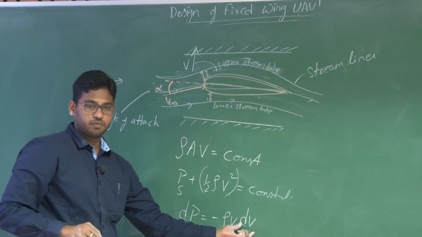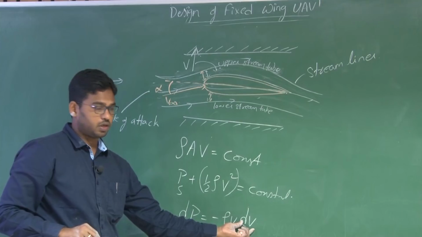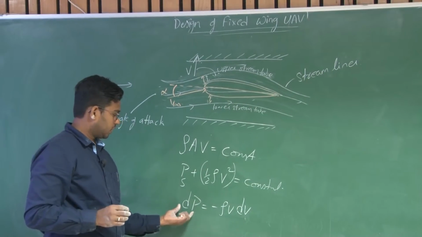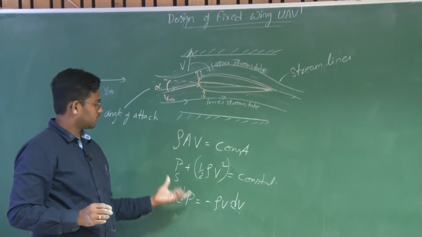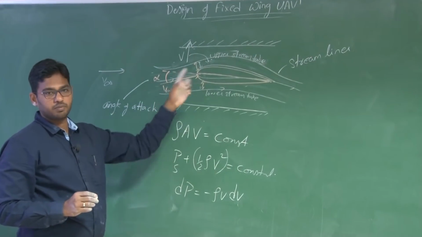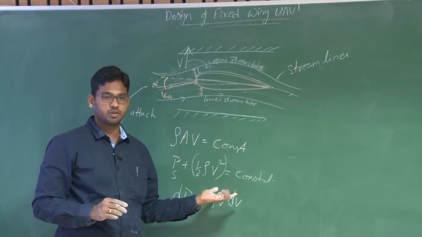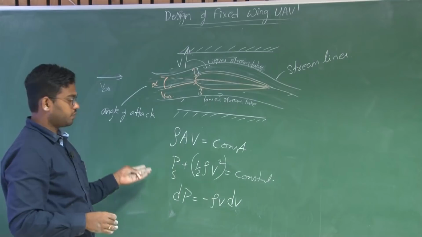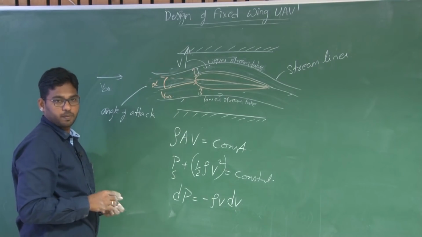Where there is an increase in velocity, and density can never be negative for the fluid, there will be a drop in the pressure. So it is true irrespective of whether the flow is compressible or incompressible: when there is an increase in velocity, there is a drop in static pressure.